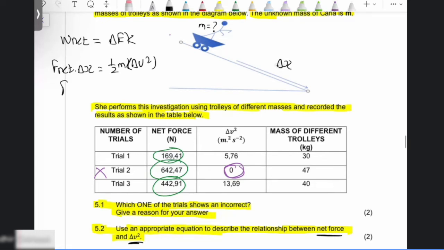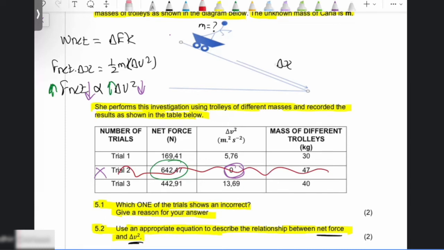So what is our relationship between net force and this? We can clearly see that net force is directly proportional to the change in velocity squared. As our change in velocity squared increases, so does our net force. As our change in velocity squared decreases, our net force should also decrease. Now, let's see if that holds true in these two experiments that actually work. We know that trial 2 is nonsense. 5.76 versus 13.69.